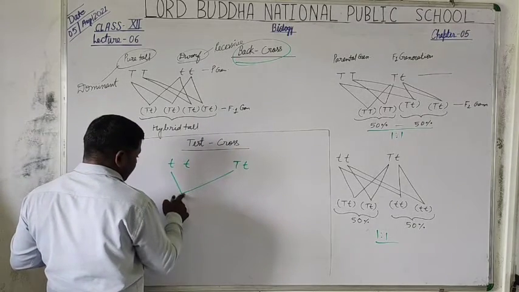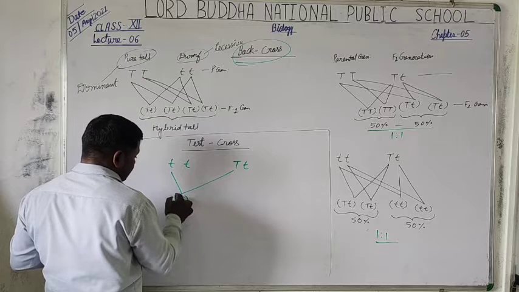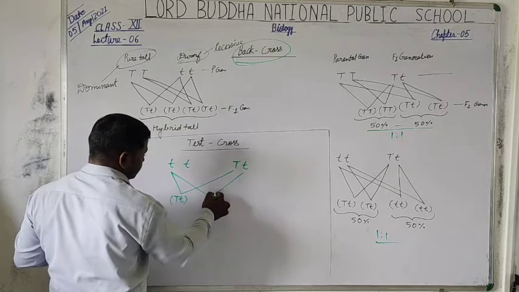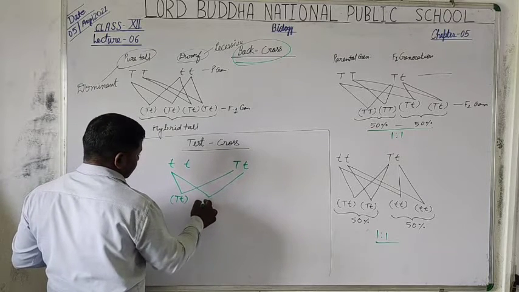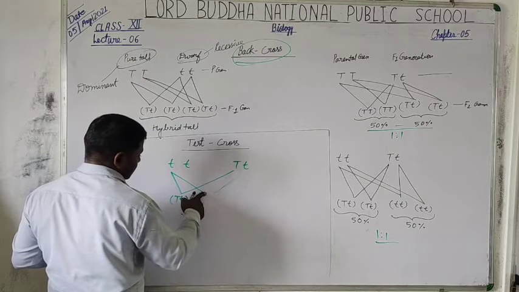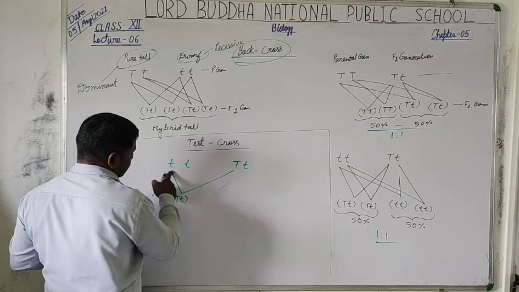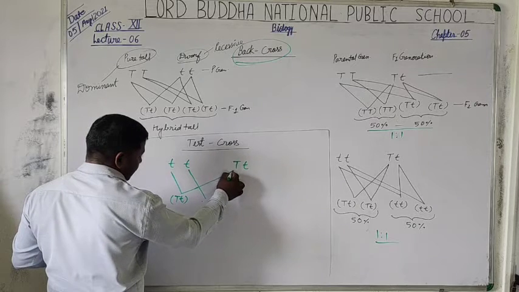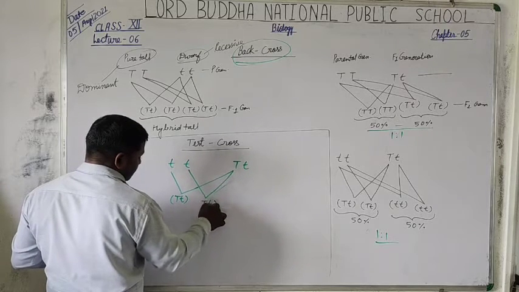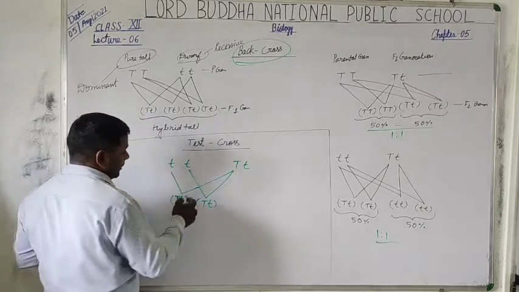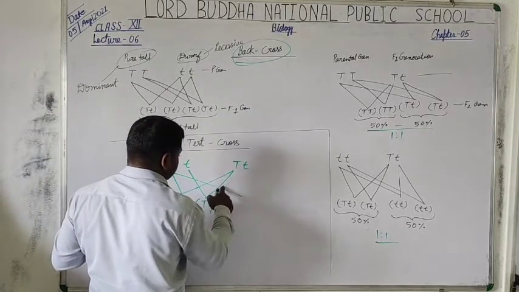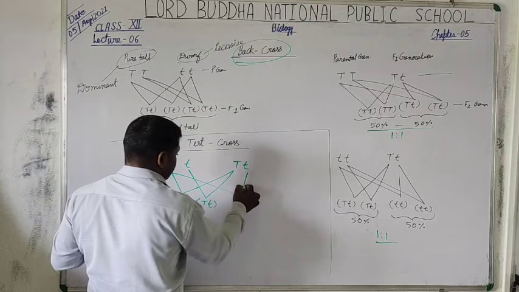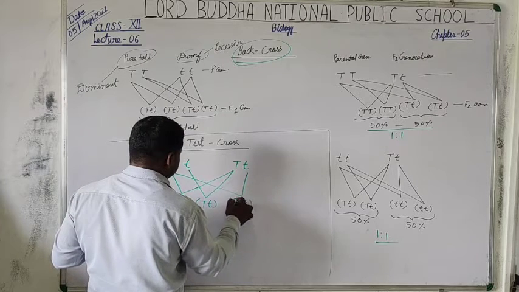Now the cross is made here. This is capital T small t. First we write both as hybrid tall plants, so capital T small t, and there is small t, small t.